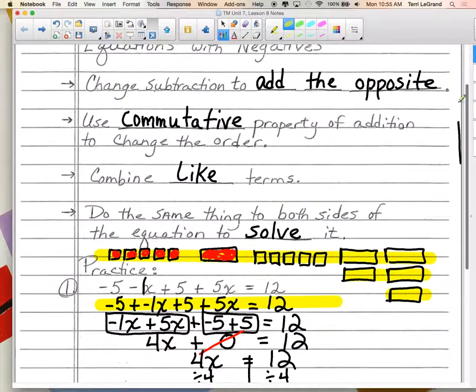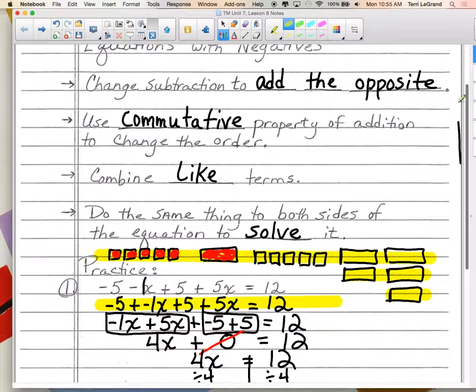So on the left side of your model, on your table, would you just rearrange, putting the X tiles first and the unit tiles behind? Do not mess with the other side of the equation. We did nothing on the other side of the equation with that 12. We only rearranged the left side. We put the X tiles beside each other.